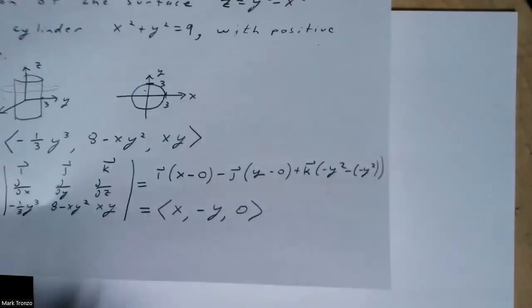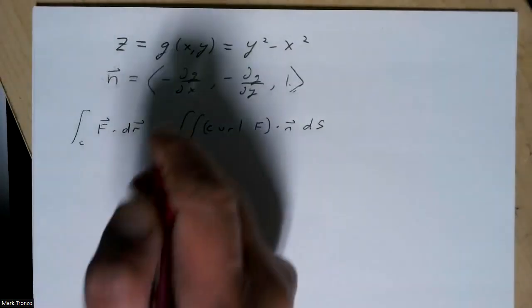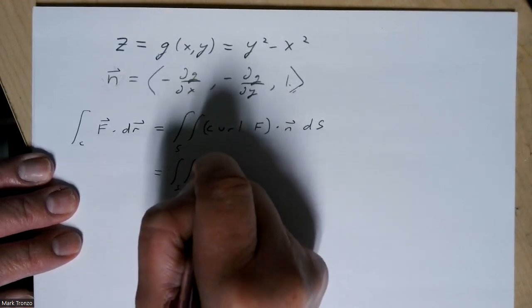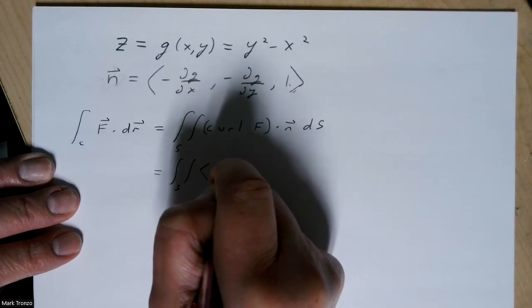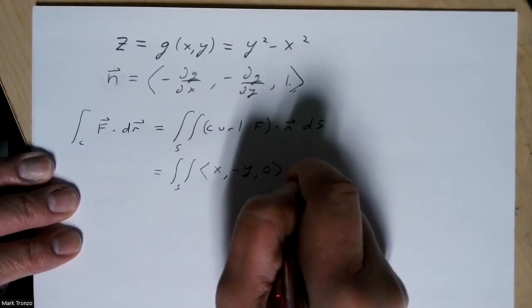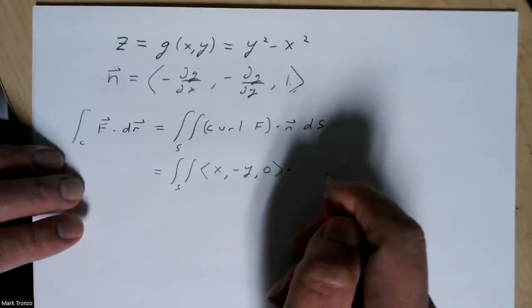We found the curl over here, which was x, negative y, 0, dotted with our normal.